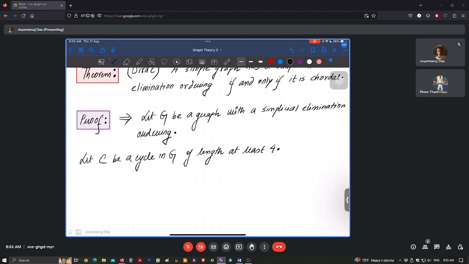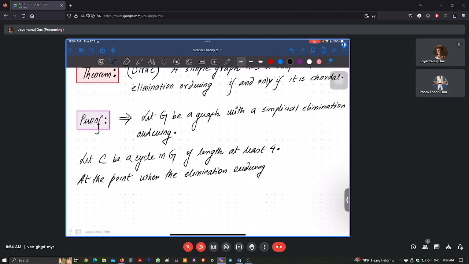So now at this point, when we have an elimination ordering, it is actually an ordering of the vertices in some order, right?